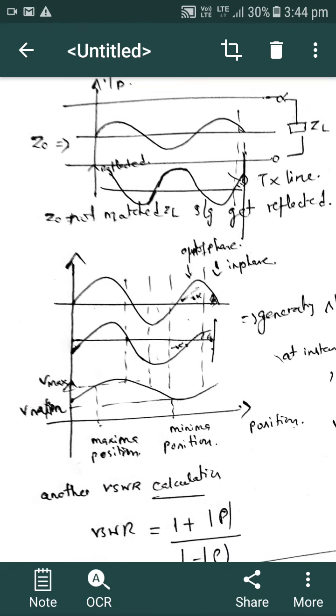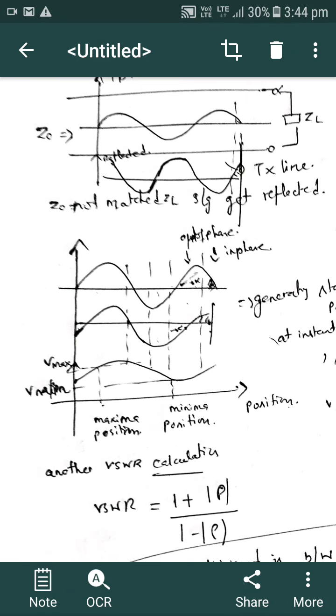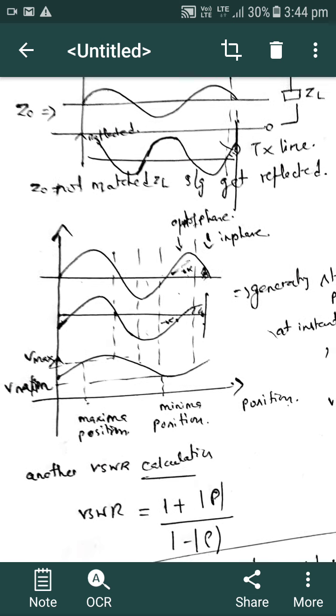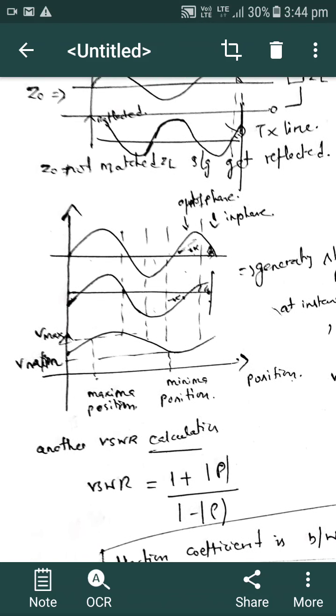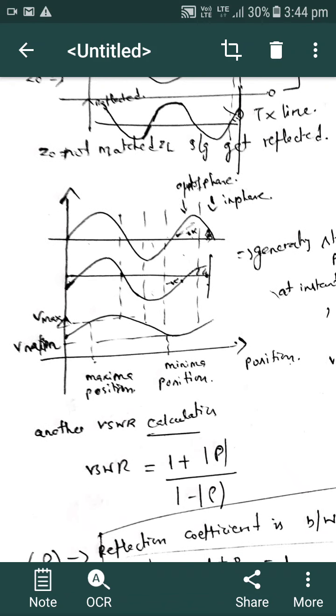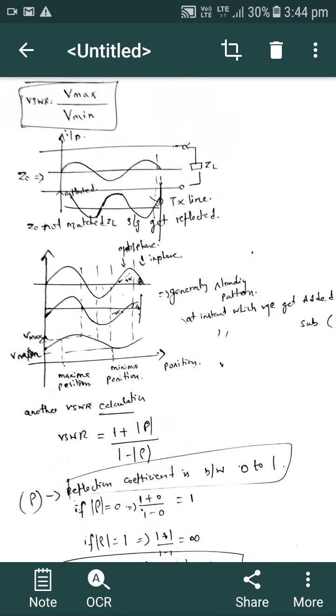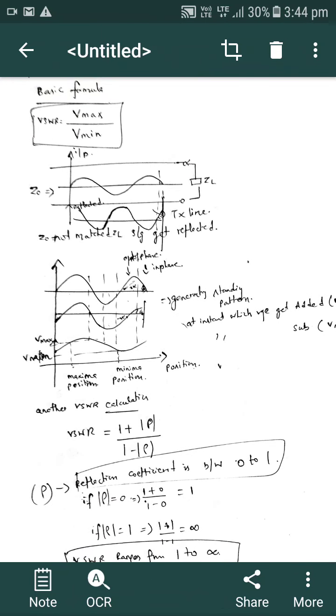For better understanding, see this model. This is the incident wave and this is the reflected wave. When you see the output, depending upon the position, at some instant the voltages get added, which we call Vmax. At some other instant, the voltages get subtracted, and that voltage is called Vmin.